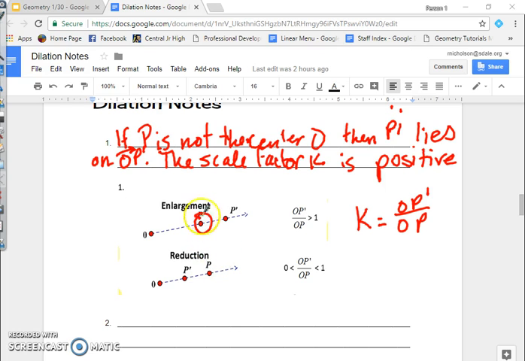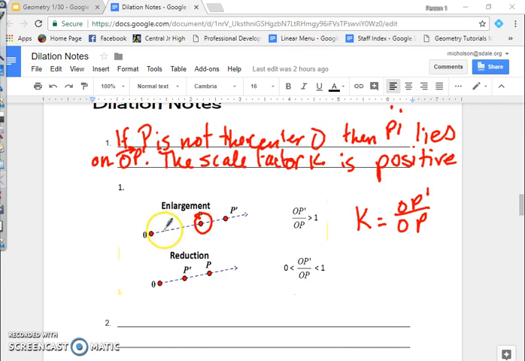P prime is on this ray, and if it's past P, that means we have an enlargement. If it's not past P, then it's a reduction. That's all this is saying.